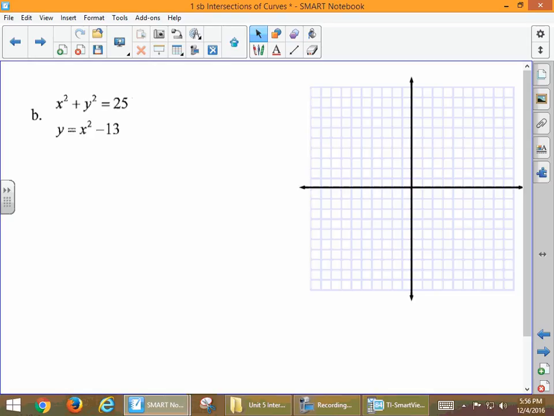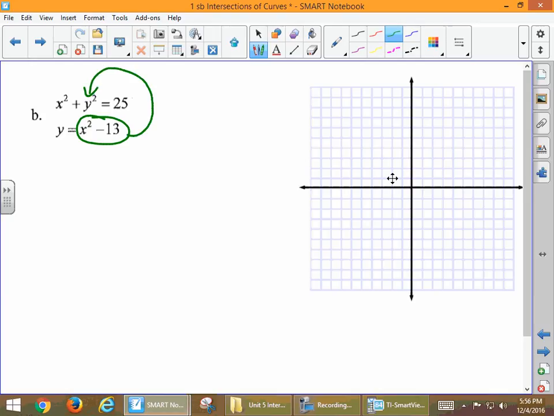So again, I'm going to suggest that we use substitution in this problem. We're looking for x equals something or y equals something. And fortunately on this problem we have y equals again. So I'm going to take this value of x squared minus 13 and put it back into the other equation wherever we see y.